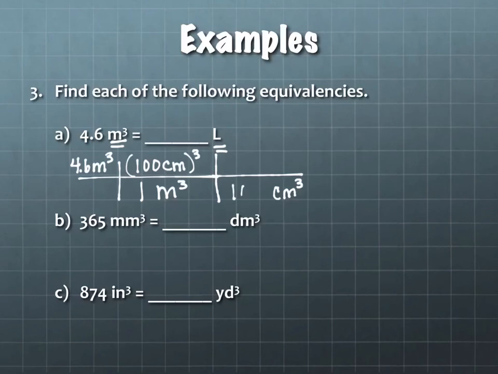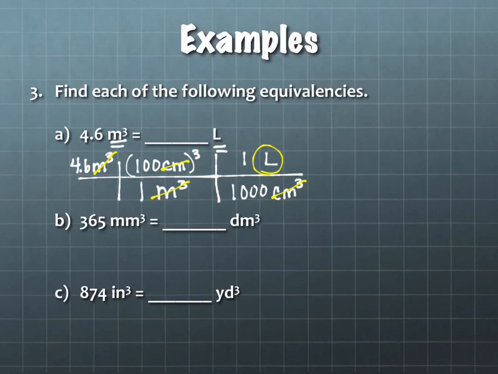So if I put 1,000 centimeters cubed on bottom, I can put 1 liter on top. And at this point, the units are going to cancel, right? Here's meters, there's the centimeters cubed, here's the centimeters cubed, and I will end up with liters. So my units do work out properly.